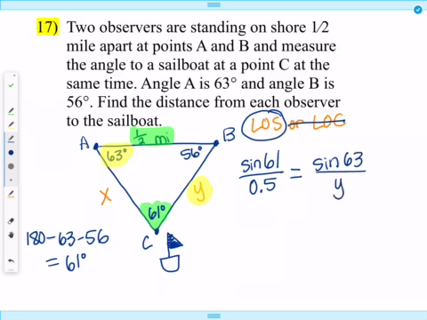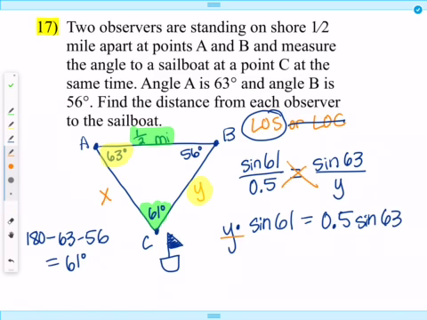We're not worried about the X right now. We're going to set up another equation in a minute that's going to let us solve for X. Okay, so we're going to cross multiply. We get Y times sine of 61 equals 0.5 sine of 63.